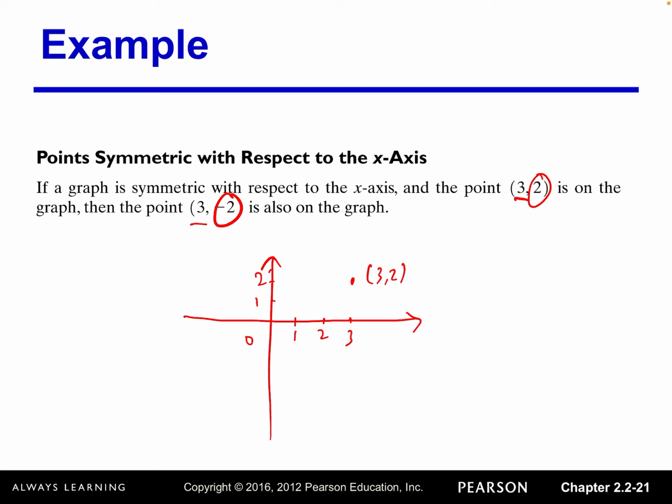Symmetric with respect to the x-axis, do the mirror image about x. So the symmetrical point should be this one, right? Same x coordinates, y coordinates the opposite sign. So (3, negative 2) must also be on the graph. You can think of doing the mirror image about the x-axis, and that's how you get the other point.